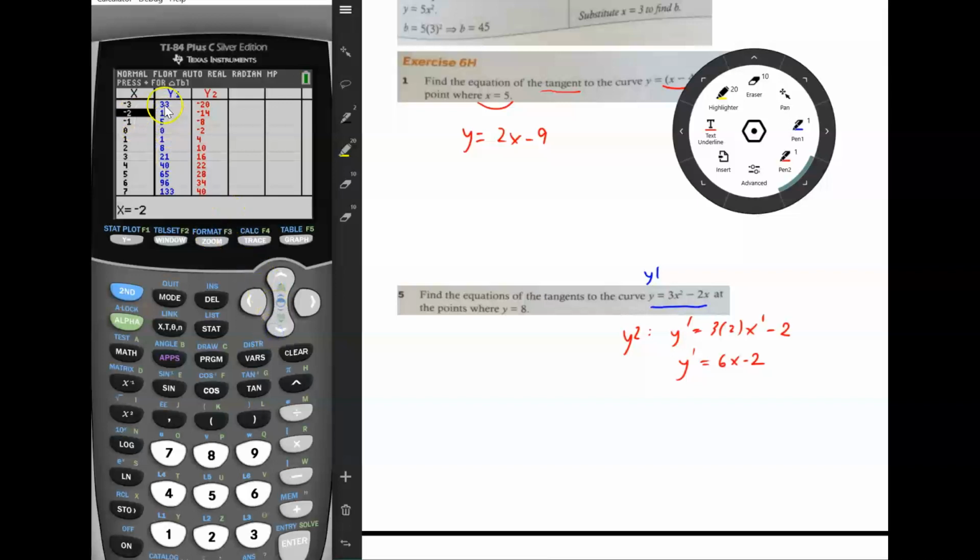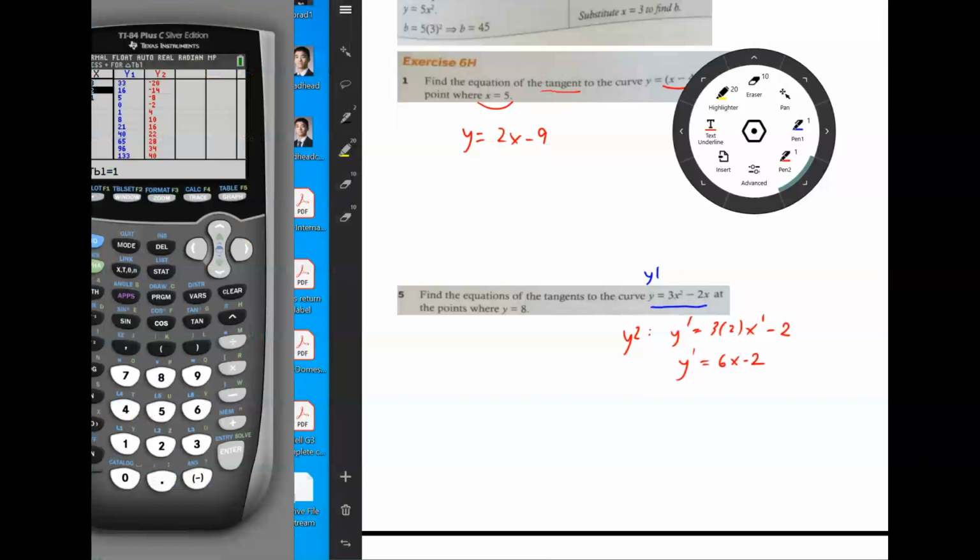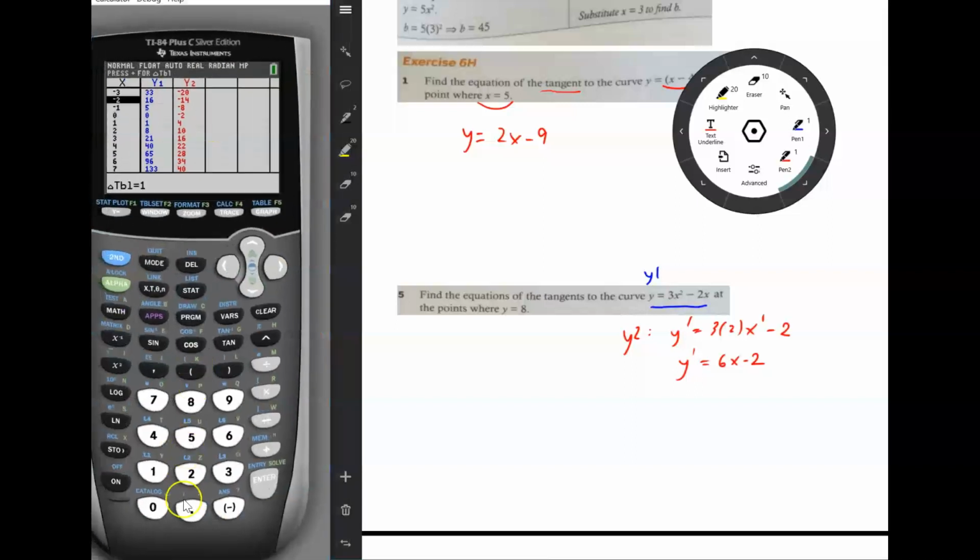So what if I increased the gap here, the step size? Instead of 1, I'm going to jump by 0.5.